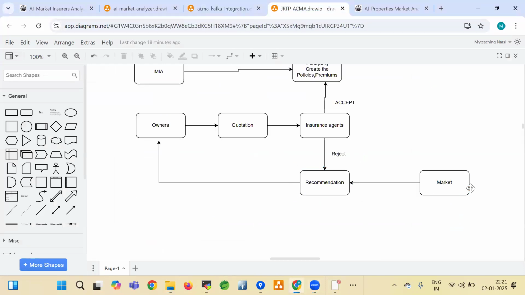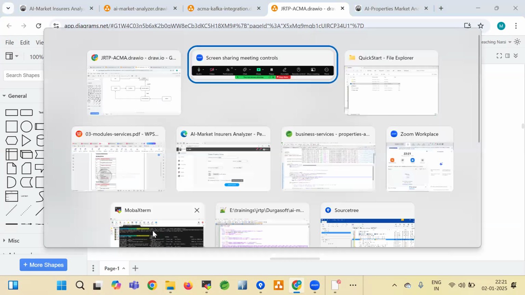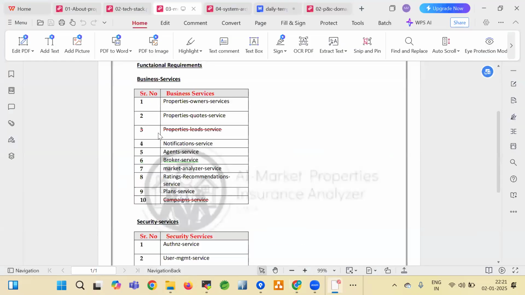Yeah, so you can see, this is the market analyzer. So what is the market analyzer doing? Here we're going to use Spring AI basically. It's completely business oriented. That's the reason I divided them as the business services. So you can see these are the business services we're going to implement.